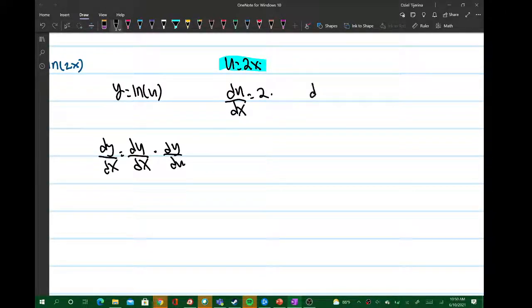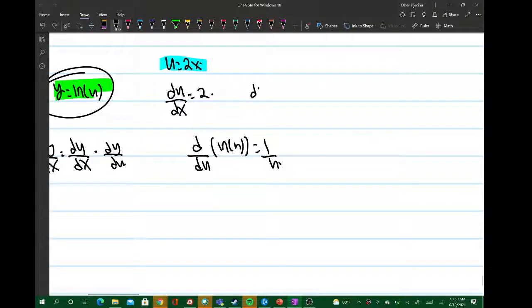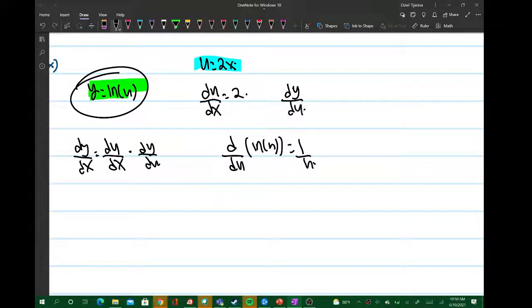If I look at this function here, remember that the derivative of ln of u, or natural log of u, is just going to be 1 over u. So dy du is going to be 1 over u.